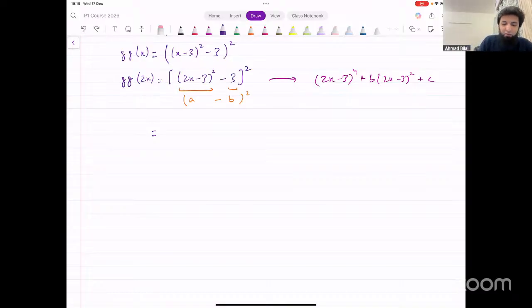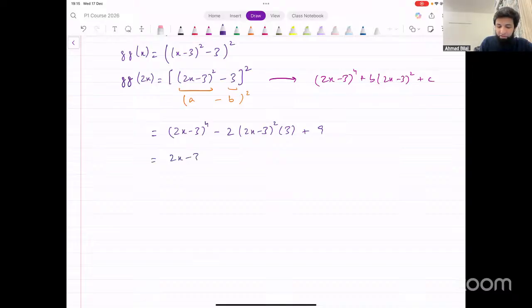a squared, what would that be? 2x minus 3 whole squared, and then whole squared. What does that become? That becomes power 4 minus 2 into 2x minus 3 whole squared. That's a into b, which is 3, plus 3 squared. That's 9. This is what we get when we simplify this.